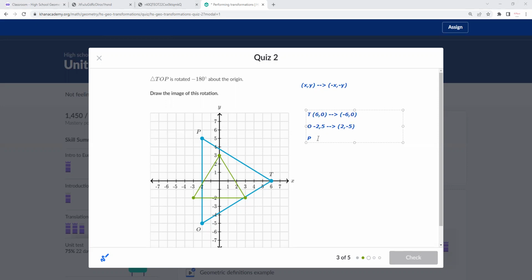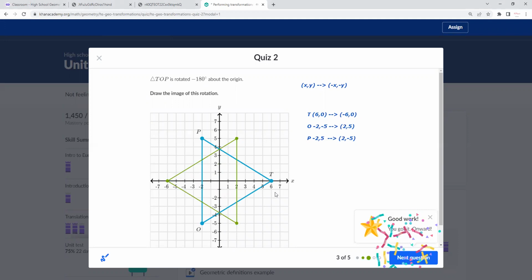And then P is currently at (-2, 5), so this one would be at (2, -5). And then just plot each point: (-6, 0), (2, 5), (2, -5). There it is. That's a 180 degree rotation through the origin.